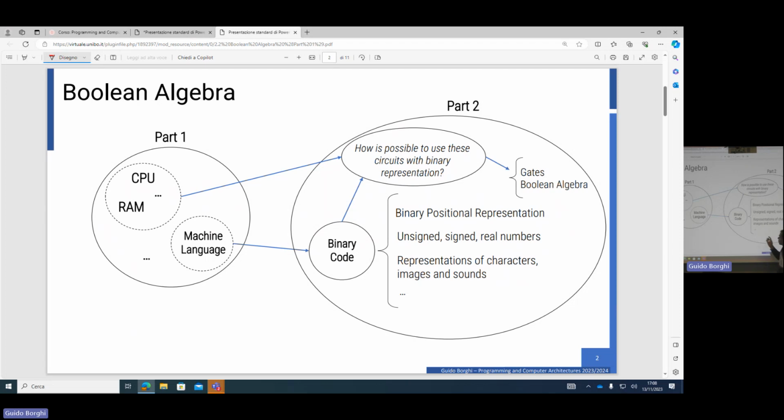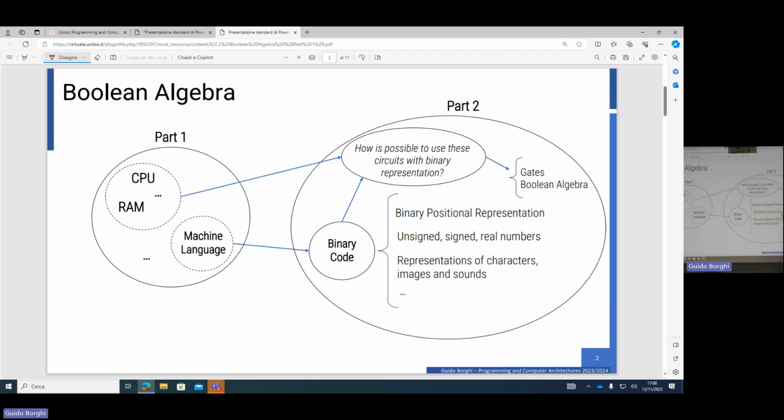So how is it possible to merge the world of the digital circuits, CPU, RAM, but also machine language, and the binary representation? How is it possible to use the digital circuits to compute operations using the binary code? Okay, and we are going to see how it's possible.